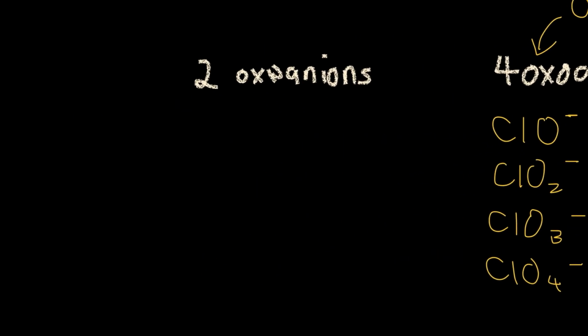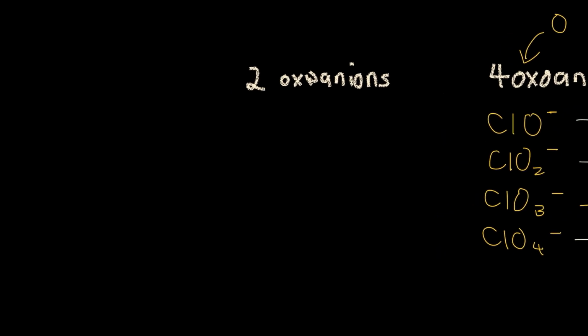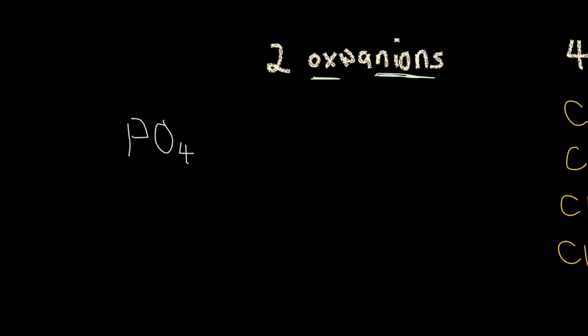Now, the family of 2 oxoanions is a bit different. It looks like phosphorus, sulfur, or nitrogen plus an oxygen. Because oxo is oxygen and anion is anion, phosphorus plus oxygen will give you phosphate.